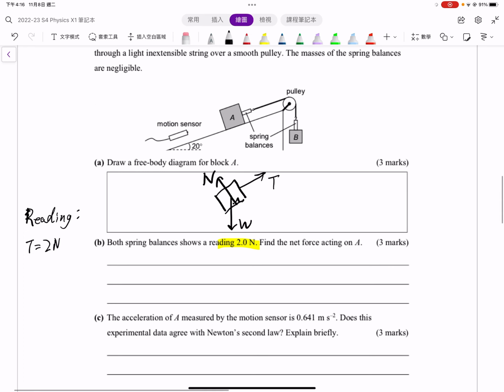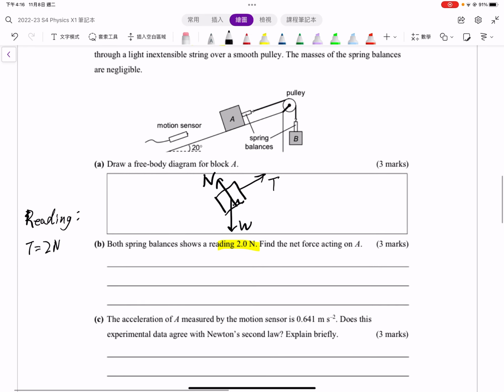Find the net force acting on A. The net force should be in this direction, which equals tension minus weight sine theta. If you are using this direction, the tension of course is pulling it upward along the plane, but the weight can be resolved into two components, one in this direction and one in this direction.